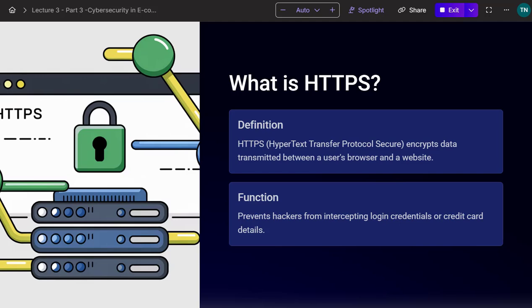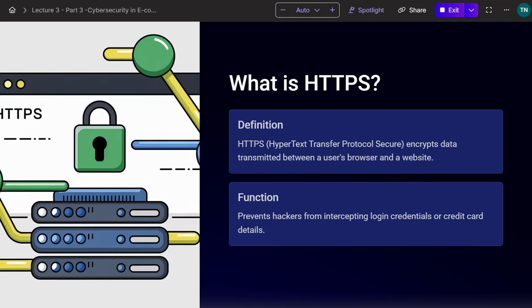So we will look at HTTPS. What is HTTPS, right? HTTPS is a secure version of the standard HTTP protocol used to transmit data on the web. It encrypts the data transmitted between the user's browser and the website server. This prevents hackers from intercepting and accessing sensitive information like login credentials or credit card details.